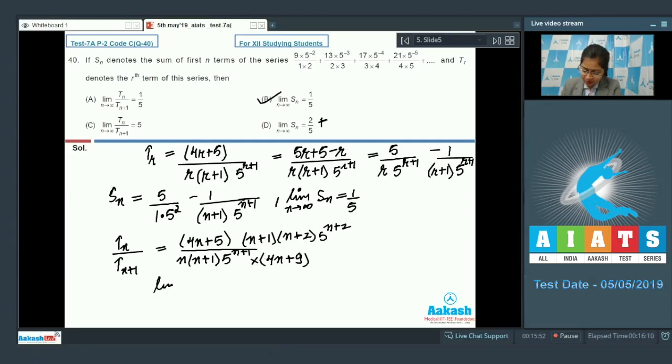So the limit as n tends to infinity of Tn upon Tn plus 1 will be equal to 5. So option C is correct, which means the answer of this question is options B and C.